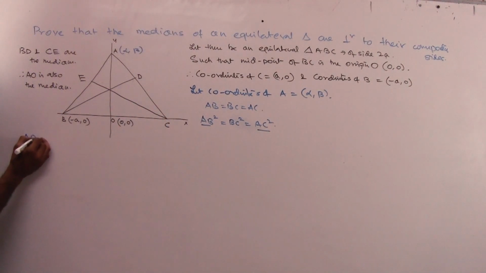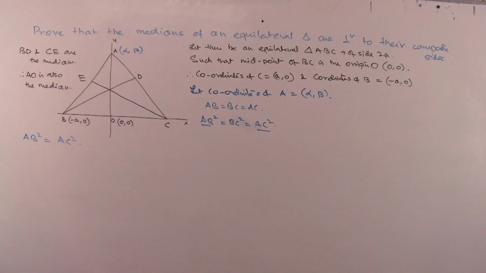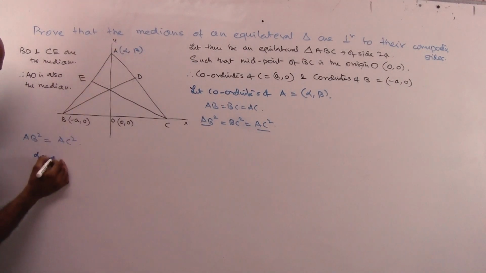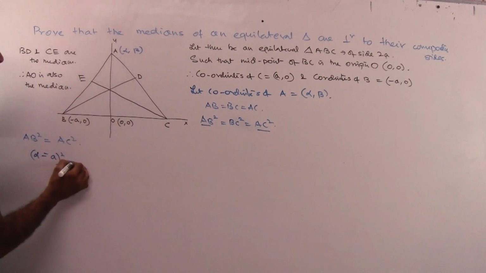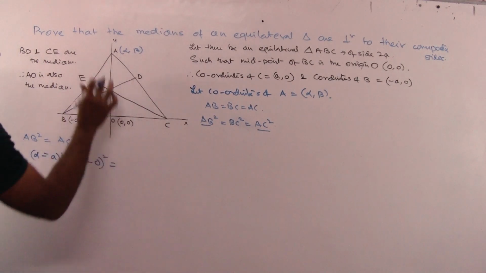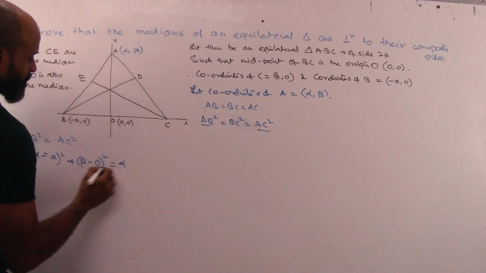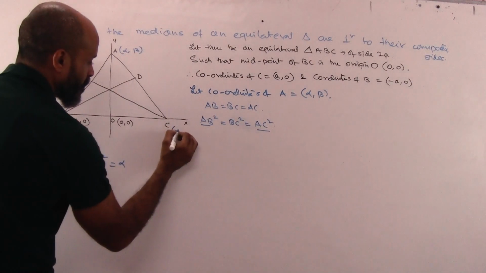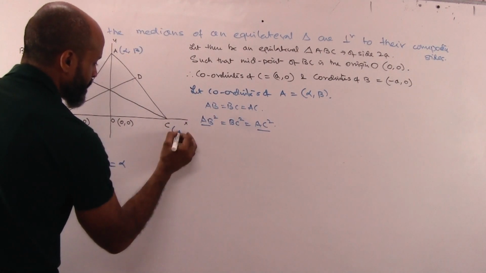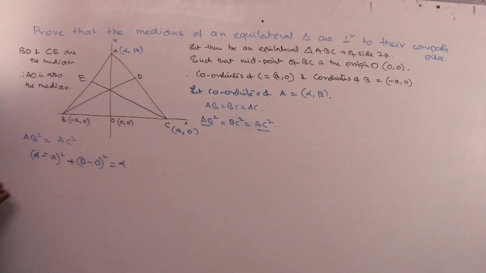So if we have AB square equal to AC square, by distance formula, AB square will be alpha minus A whole square plus beta minus 0 whole square. AC square, what will this be? Obviously the coordinates of C will be A and 0, since this is minus A and 0, this will be plus A and 0.